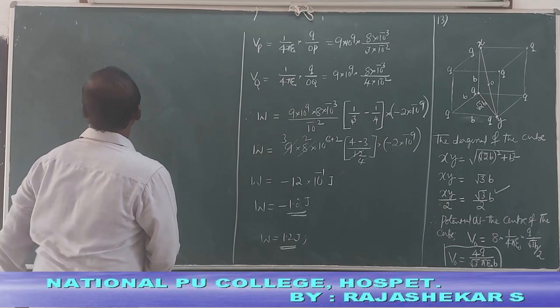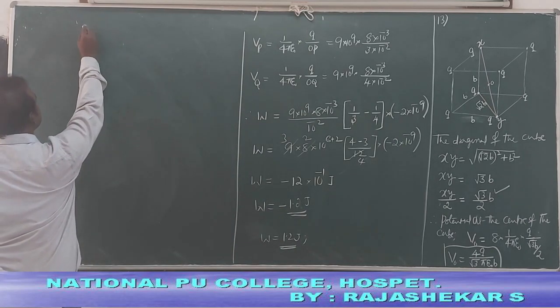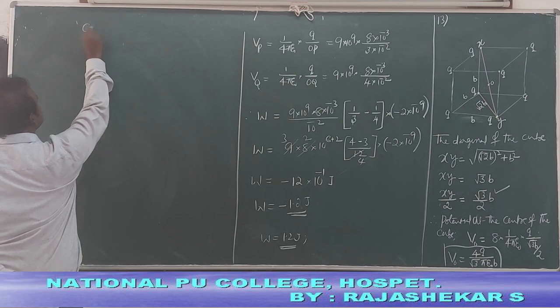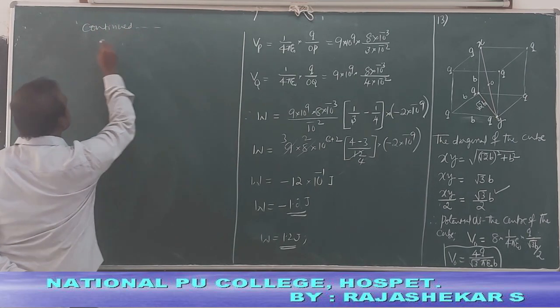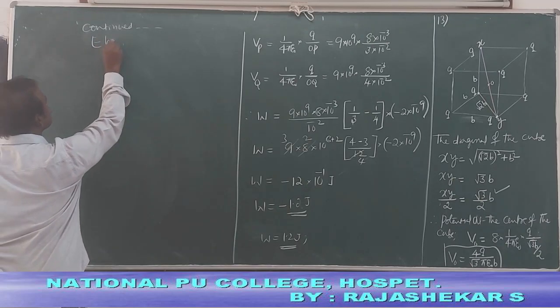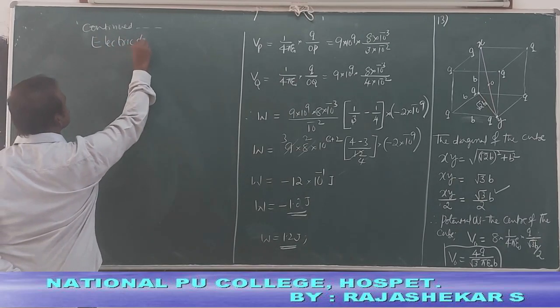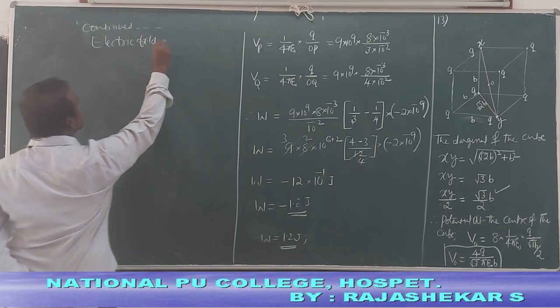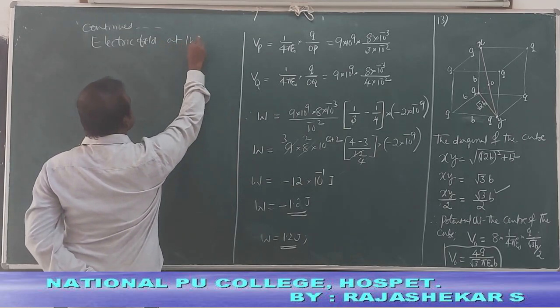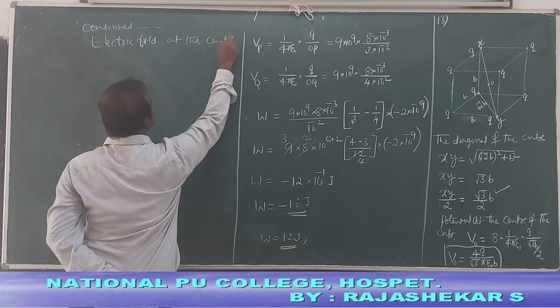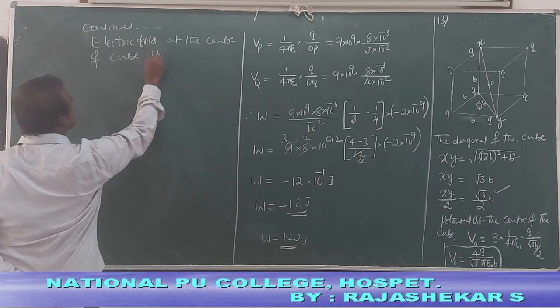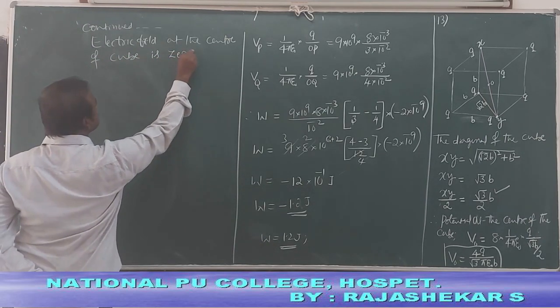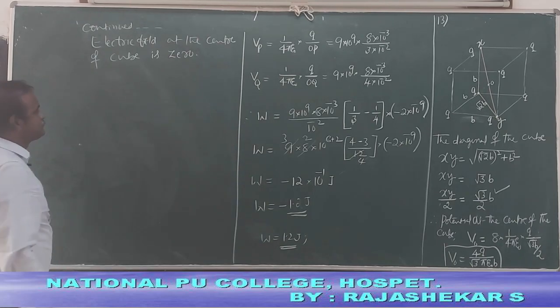So here I write, continued question number 13, continued. Electric field at the center of cube is 0. Why it is 0?